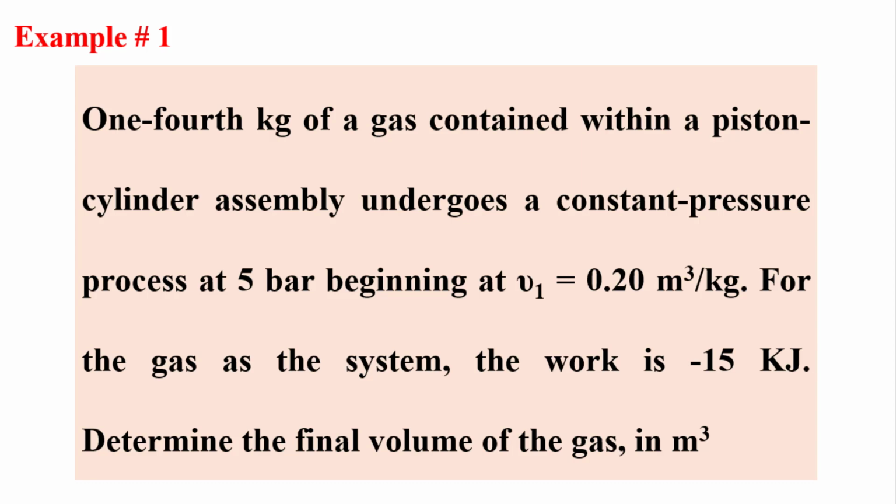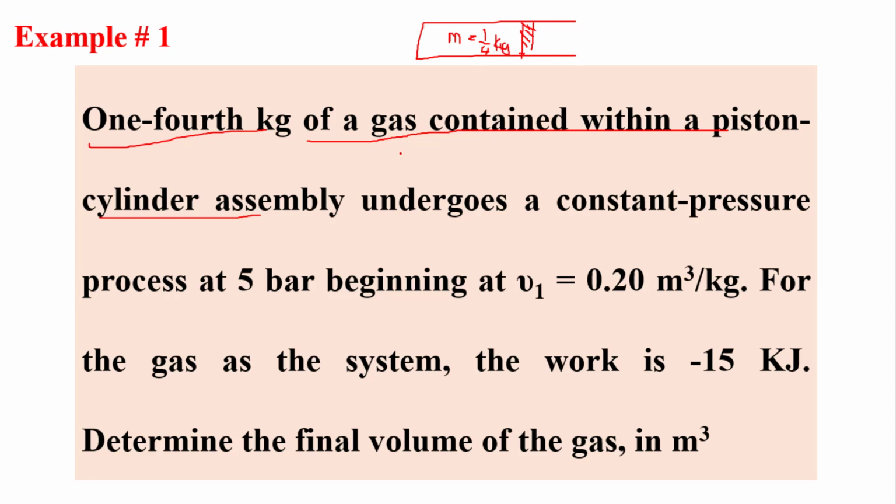Okay, in this example, we have one fourth kilogram. So this is the mass of a gas contained within a piston cylinder assembly. Okay, I'll assume it is a closed assembly, and here we have mass of gas equal to one fourth kilogram.